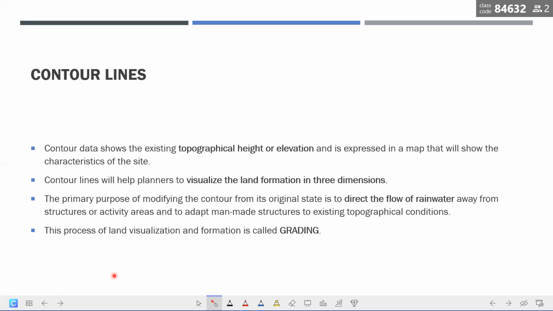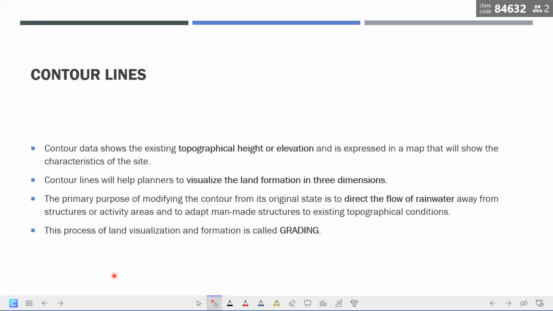Even if the map is still in a two-dimensional state, the way contour lines are represented on a map draws our eyes, like some sort of optical illusion that tricks your eyes into seeing a bird's eye 3D view of your site.